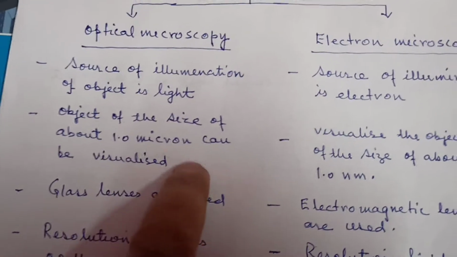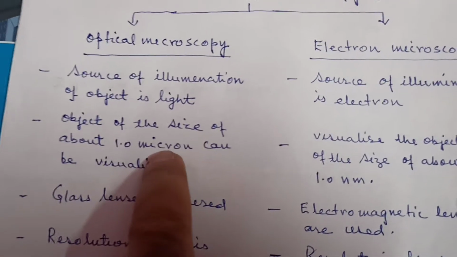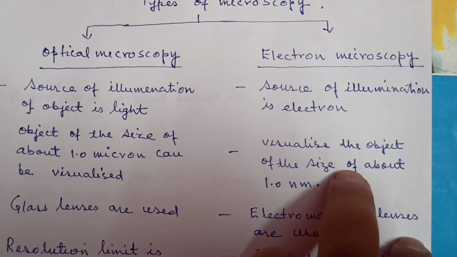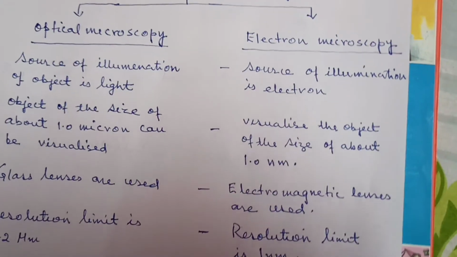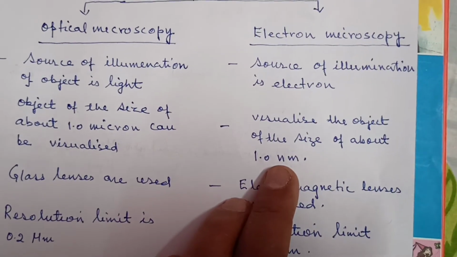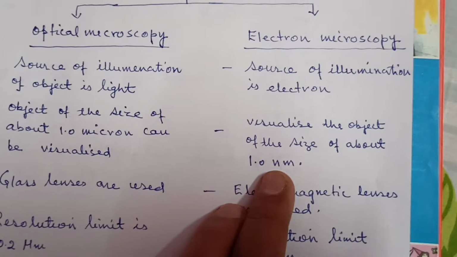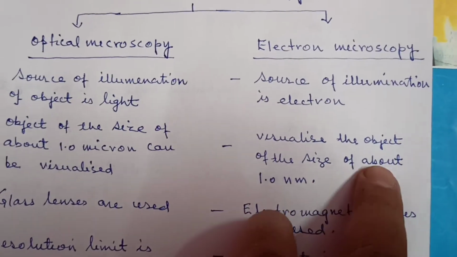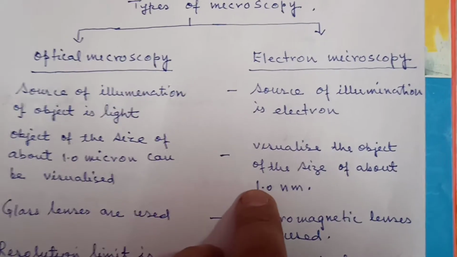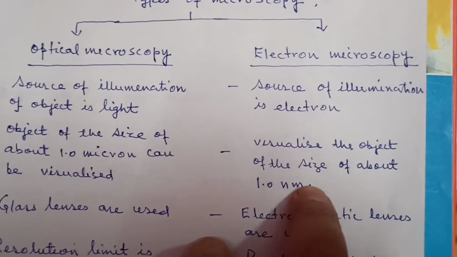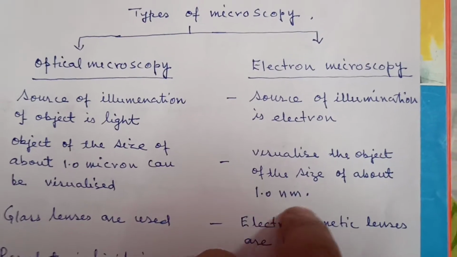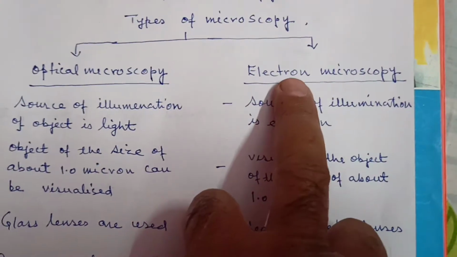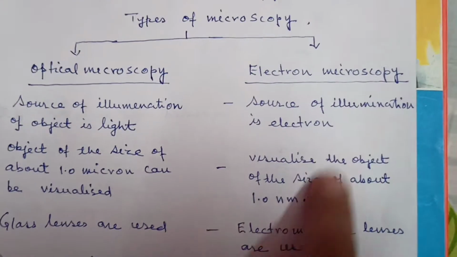But the capacity of the electron microscope is much more than the optical microscope. By using an electron microscope, one can see objects of the size of up to 1 nanometer. That means an object as small as 1 nanometer can be seen through the electron microscope.